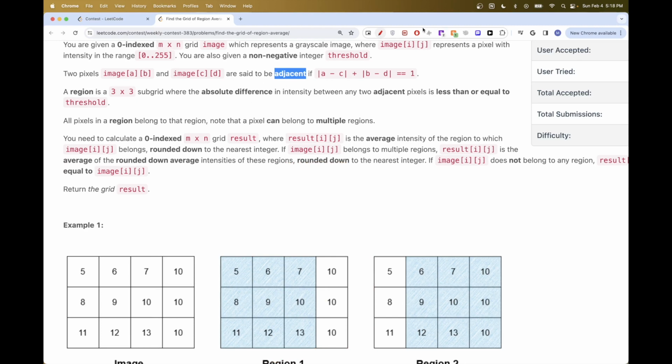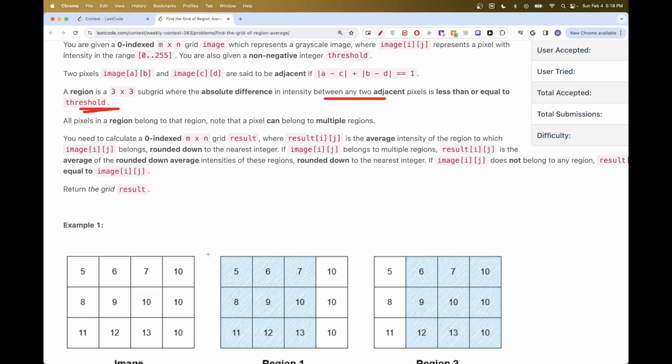And then the other constraint is that the absolute difference in the intensity of the pixels between any two adjacent pixels in that specific subgrid is less than or equal to threshold. And this threshold value is given to us as a parameter, okay? So those two concepts, adjacent and threshold, are the two most important ones.